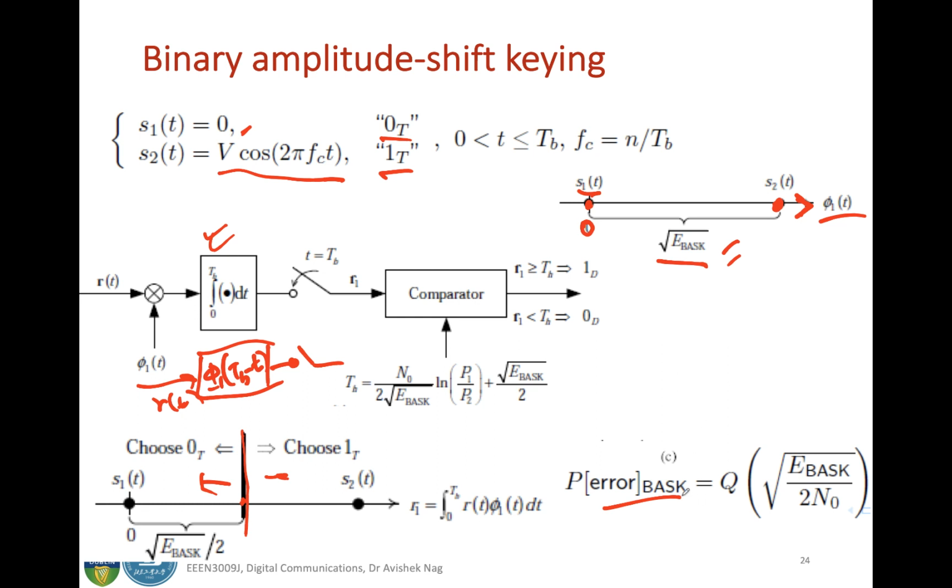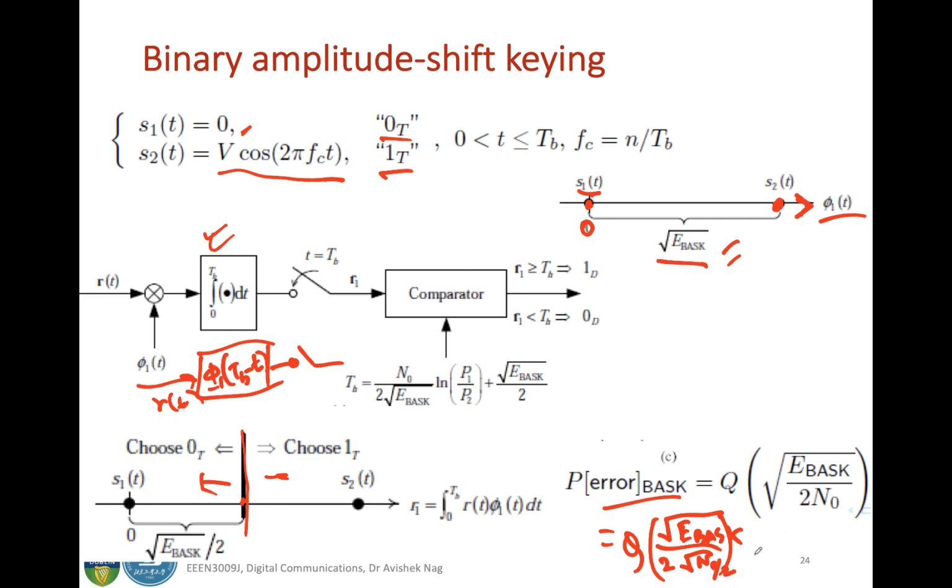So basically this is the Q function of the distance between the two signals. The distance between the two signals is the square root of EBASK divided by twice the noise RMS bandwidth.